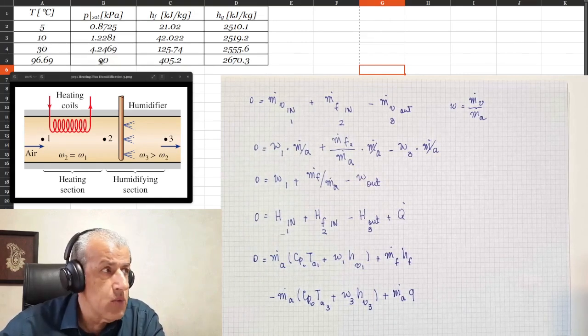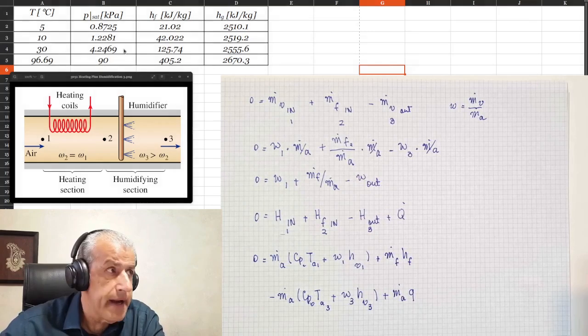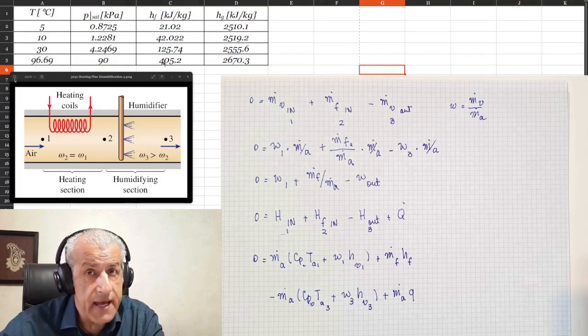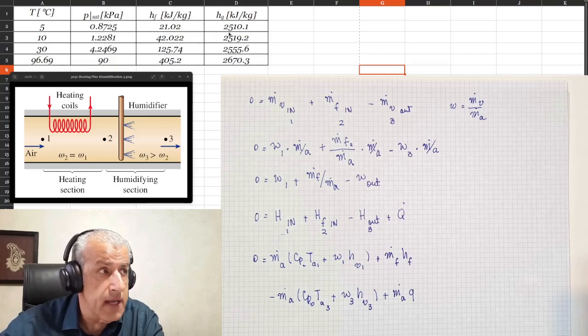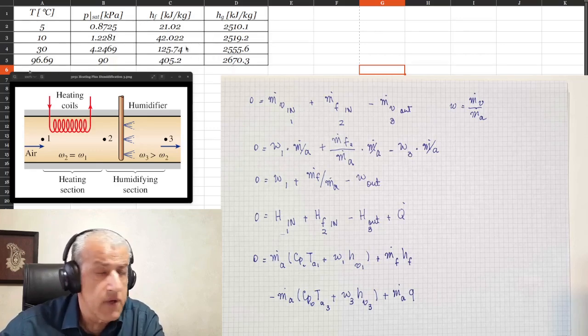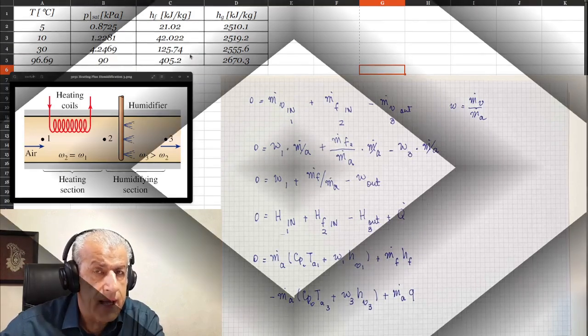And there's one more, which is 90 kilopascals. What we need from them are the pressures for the air conditioning problem, enthalpies at saturated liquid, and enthalpies at saturated vapor. Once we have written these, it helps us a lot in the calculations.